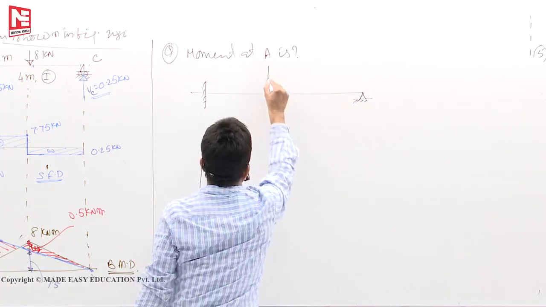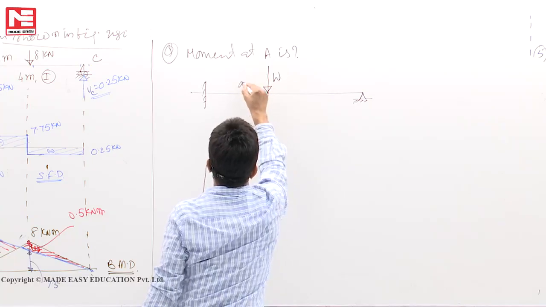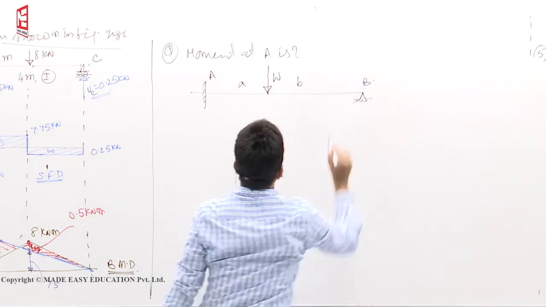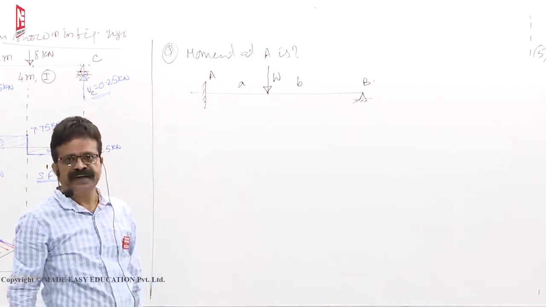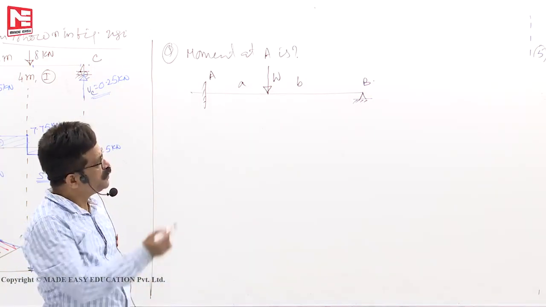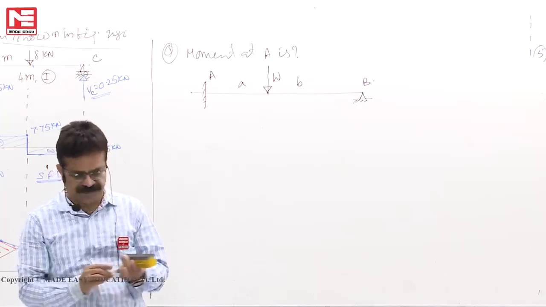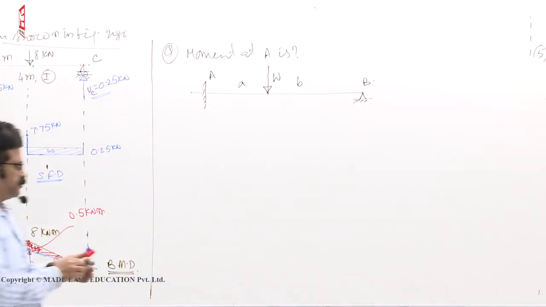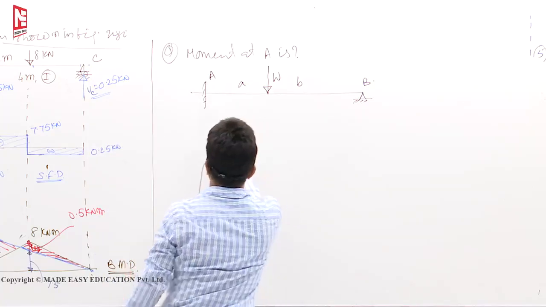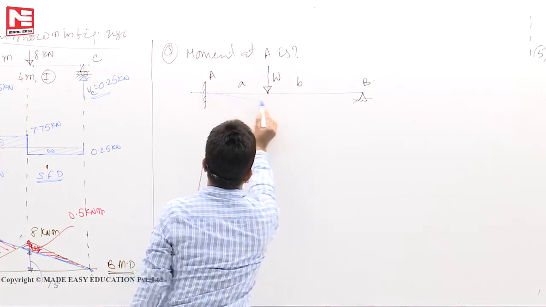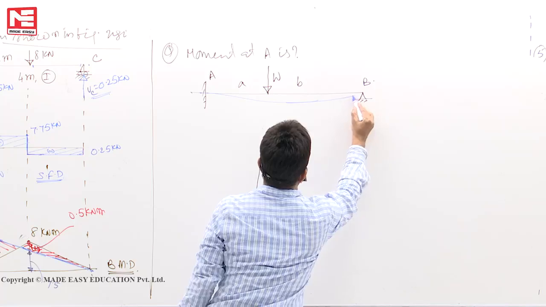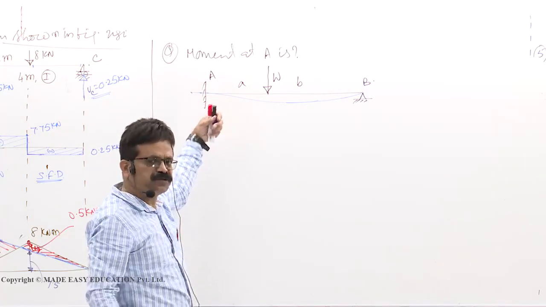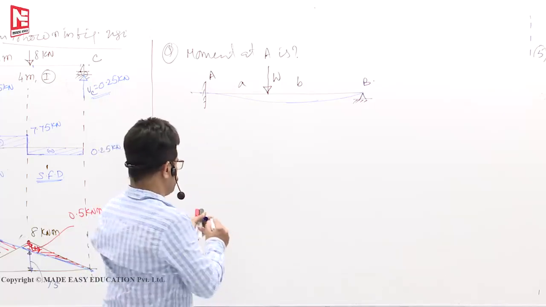This is the load W. This span is A, this is B. We don't know what is moment at A, but what we know is when B is fixed, we know the deflection profile in this case, like this. Strength of materials you might have by-hearted the formula also. Assume that we have forgotten that formula.